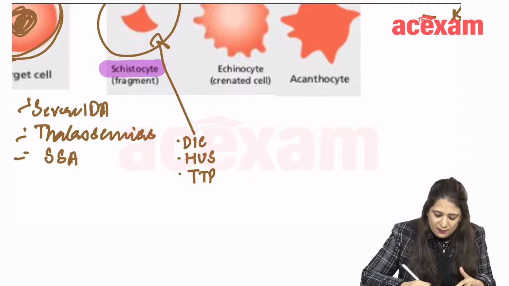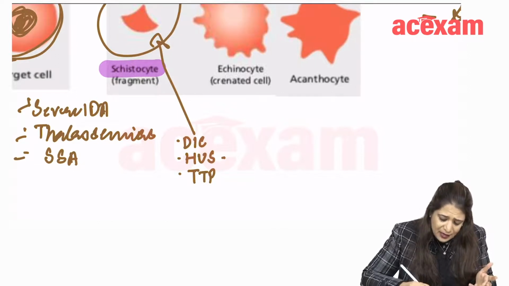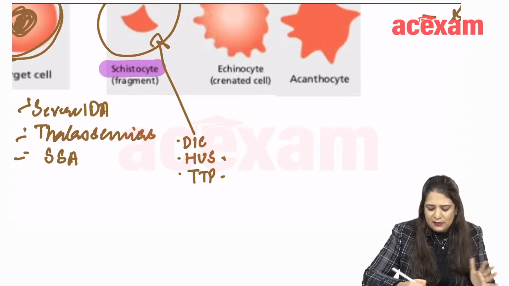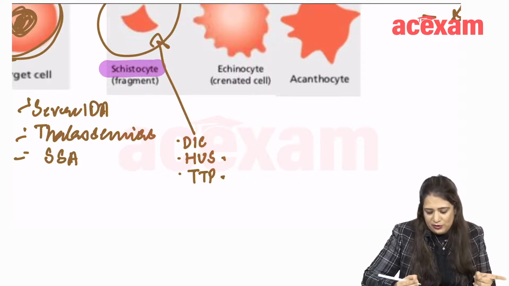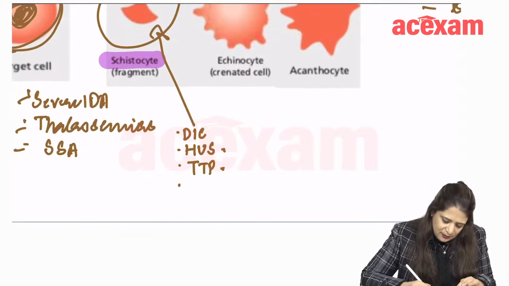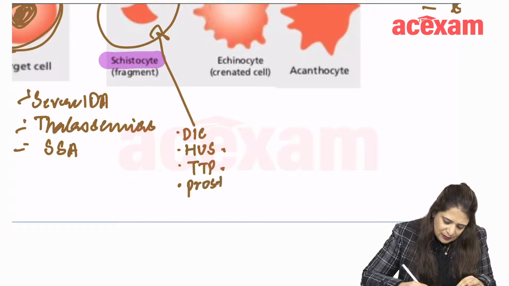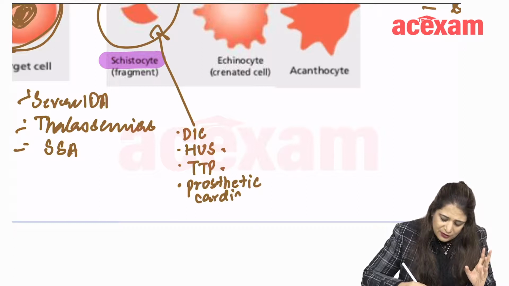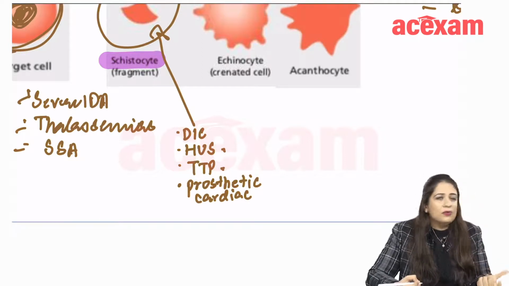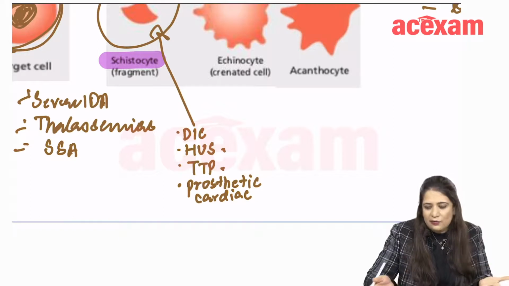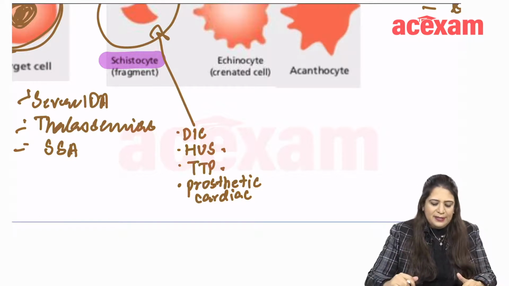HUS and TTP are quite similar, but TTP also has neurological symptoms. Then also it is seen in individuals with prosthetic cardiac valves. So if this kind of suggestive history is given to you, even without looking at the picture, you can answer that you will be having fragmented RBCs.